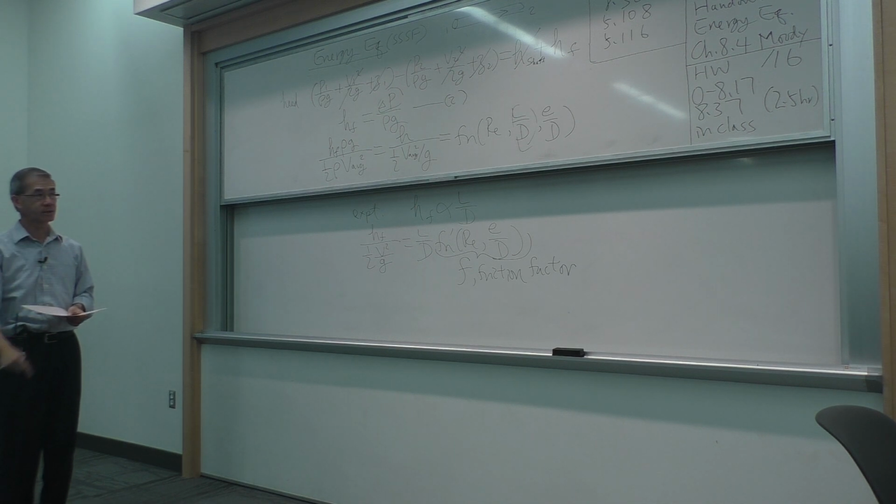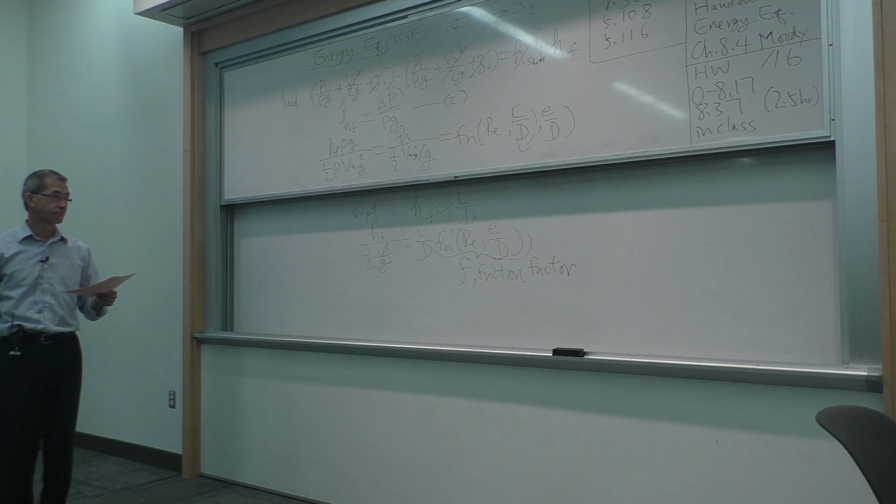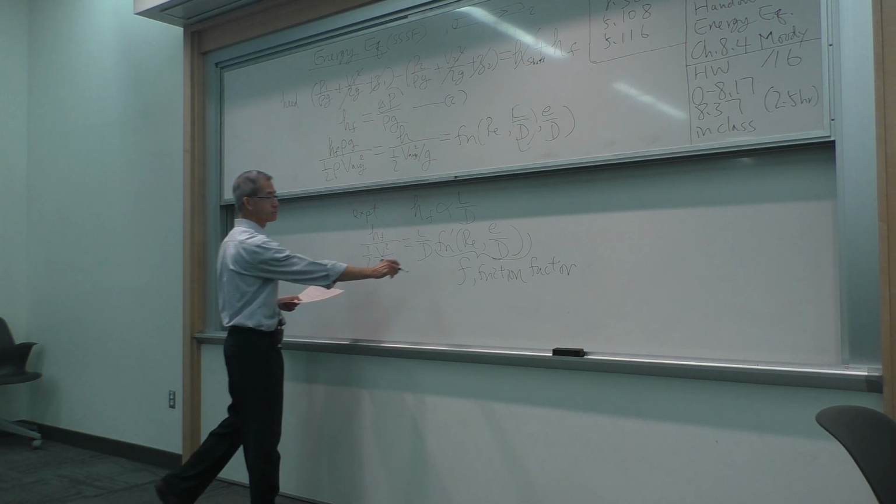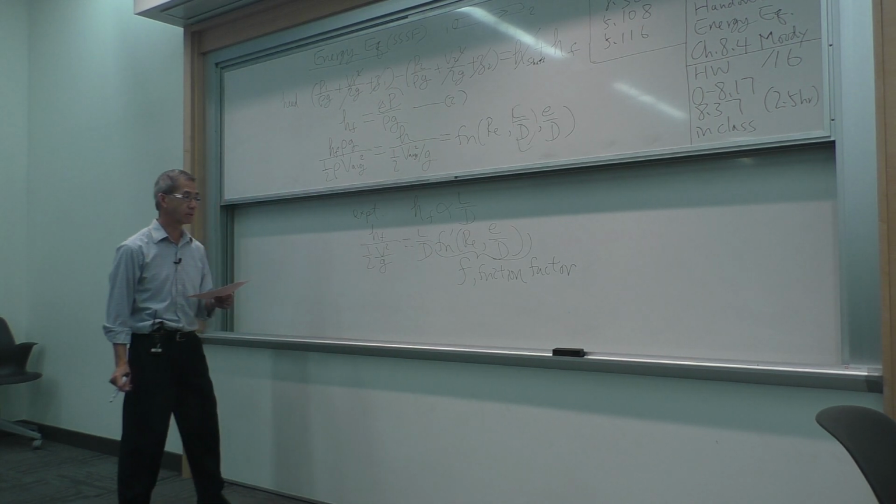And that's the result we see on the far right. So the friction factor originated from experimentation, and is a function of the Reynolds number and the relative roughness.